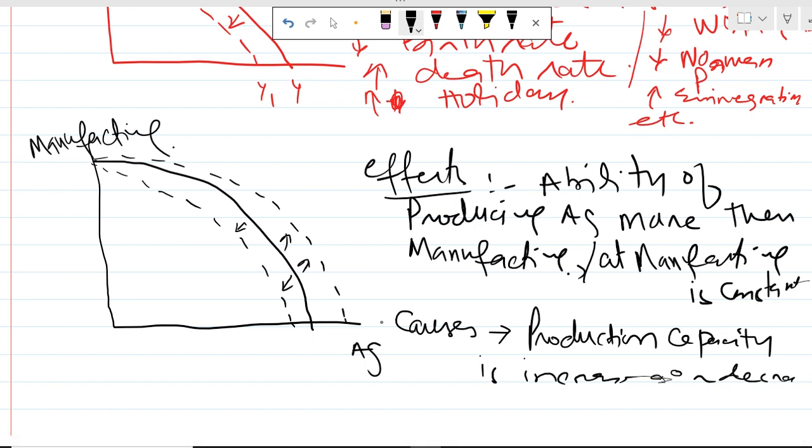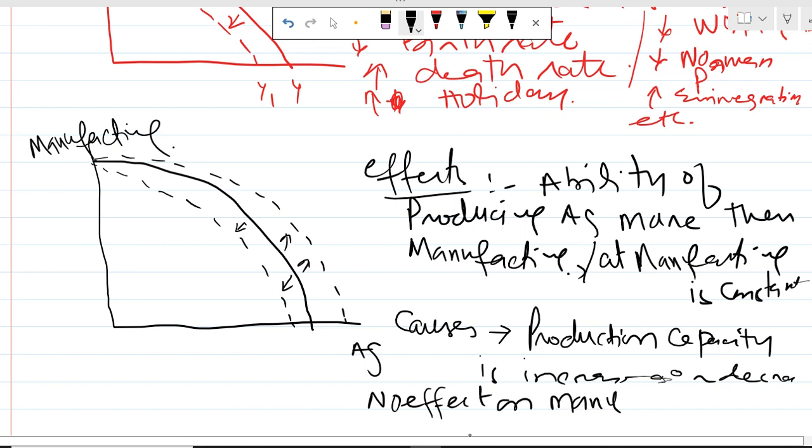We see that there are more natural resources, or depletion of resources, and there is no effect on manufacturing goods.